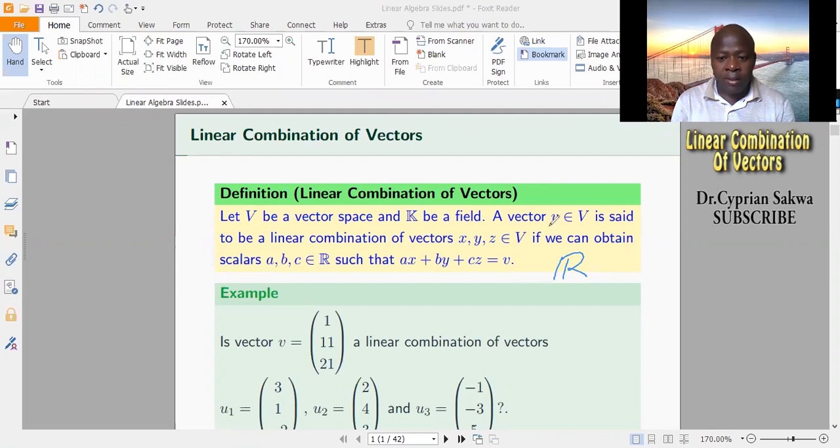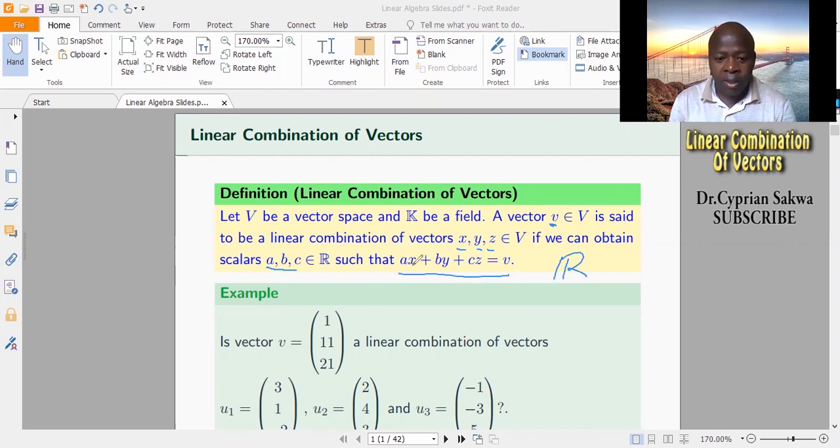So when do we say that vector V is a linear combination of the other vectors X, Y, and Z? That is a question we seek to answer in today's lesson. For us to say that vector V is a linear combination of the vectors X, Y, and Z, what we mean is that we can find scalars, real numbers A, B, C, such that V can be expressed in this form.